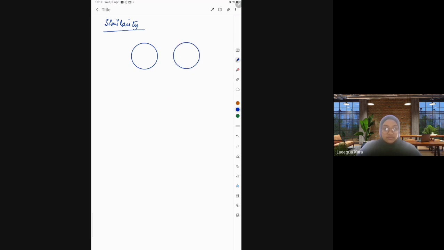Similarity is slightly different in the sense that two particular shapes are similar to each other if one is an enhanced or a magnified image of the other. So this circle will be similar to another circle like this, which has a different radius.